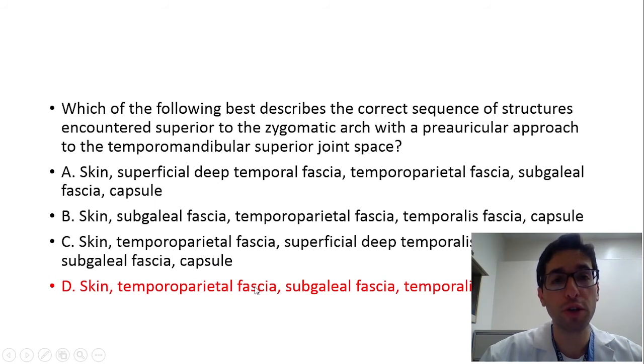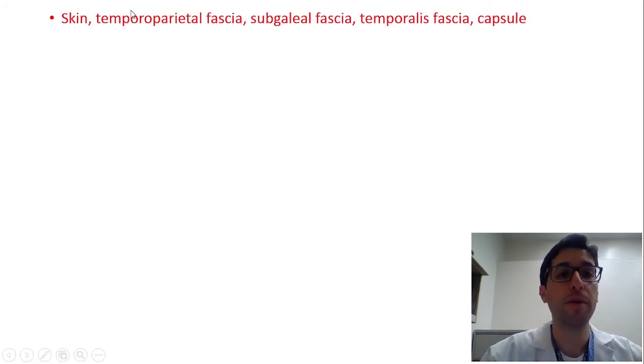If you've ever done a coronal approach, you kind of know that from doing it. So again, this is the order: skin, then temporoparietal fascia, then the galea. The galea is continuous with the temporoparietal fascia. Therefore, the subgalea is going to be below the temporoparietal fascia. It's kind of obvious. The temporalis fascia is the last fascia you're going to see, and then finally you're going to see the joint capsule.